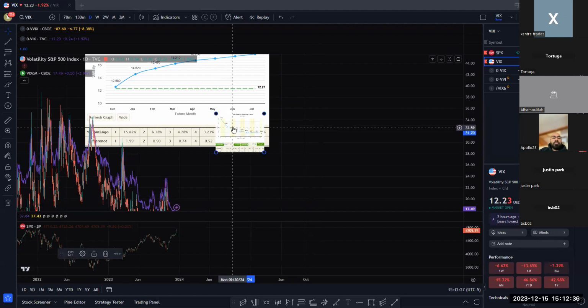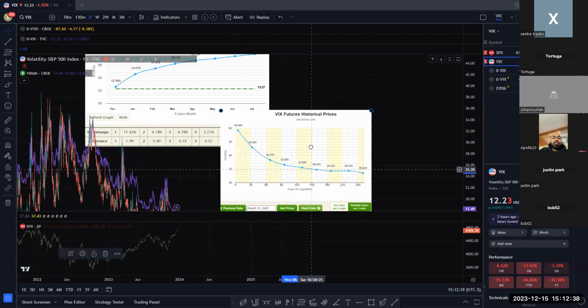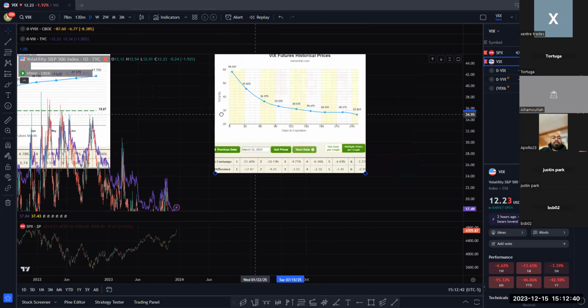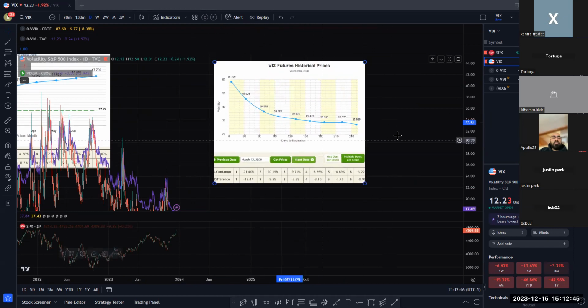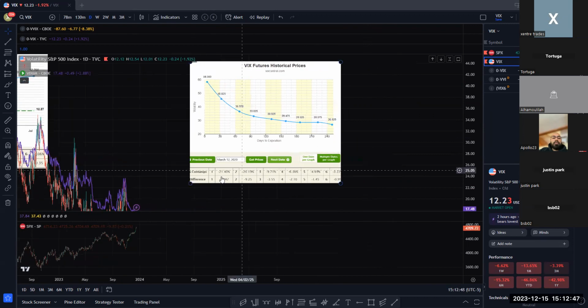So in different market conditions, I took this chart from March 12th, 2020. This was during the COVID crash. You can see that the number is very steep, negative 20%, negative 20%, negative 10%.